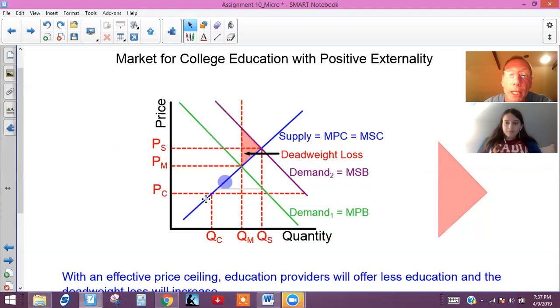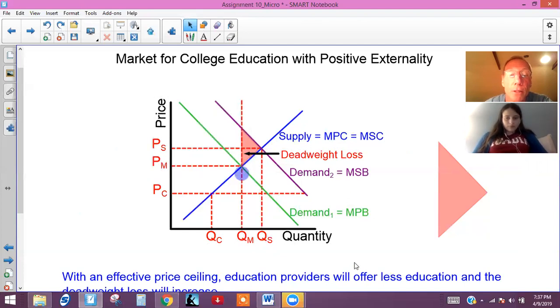This curve right here, where they're equal, that's going to be your socially optimum quantity, mark QS, right? You're going to mark your market equilibrium quantity, QM, right here, the original marginal private benefit equaling the marginal private cost right here, and the price at PM. So that's what you're going to have so far.